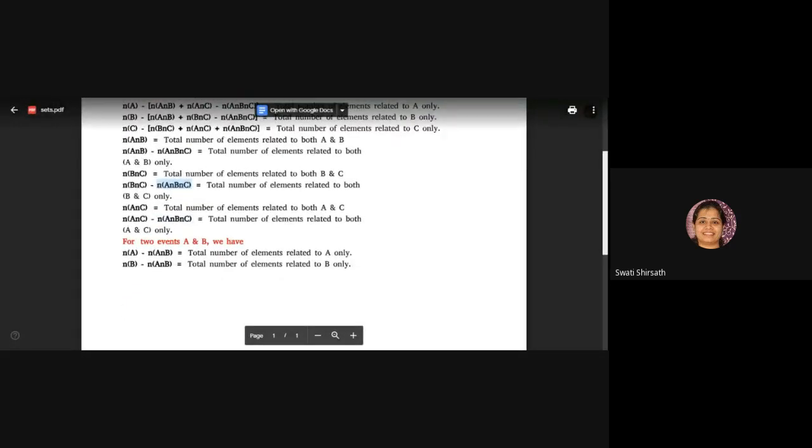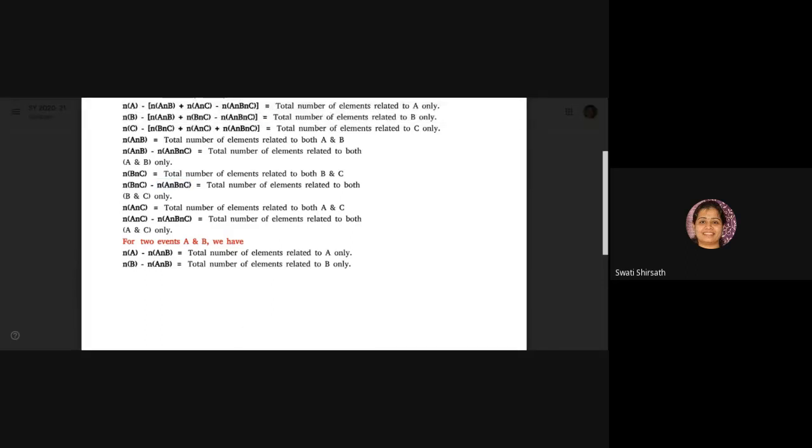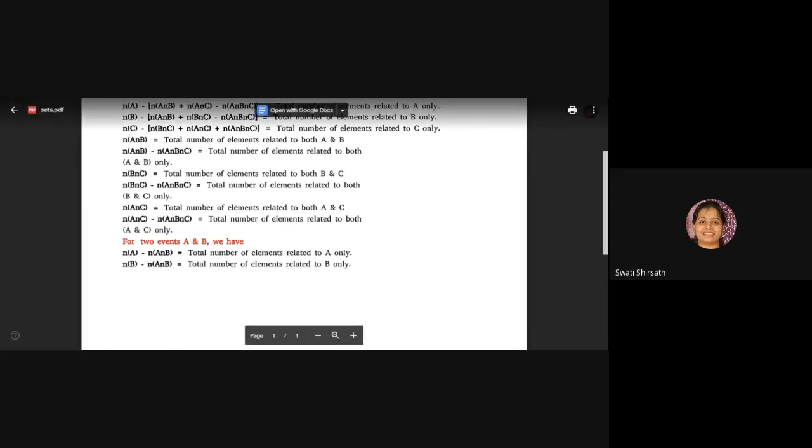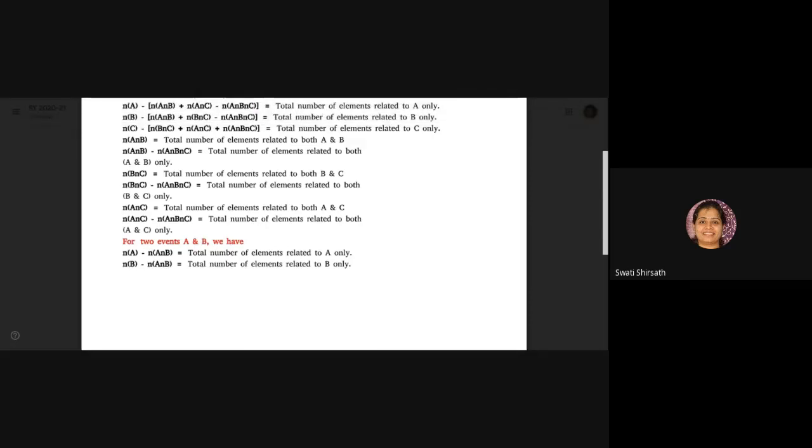So the values of only two sets, the green portions we saw, you can calculate like this using the formula. It is difficult. If you understand the formula, you can use it, but you have to use these types of combinations to calculate the values of only one set, two sets, or three sets. For a 2 sets event, when you want to calculate the value of only one set, you deduct the intersection of that set with the other set, and you get the value of only that.